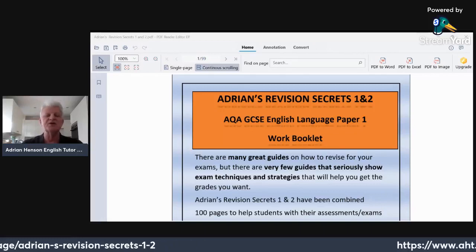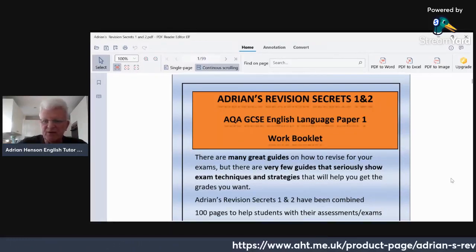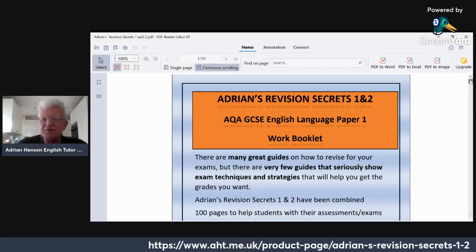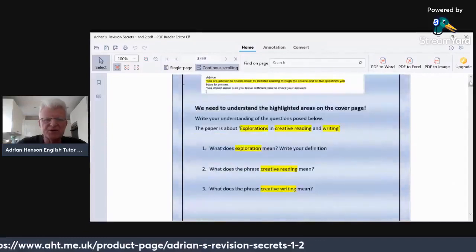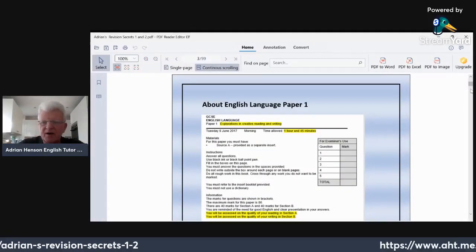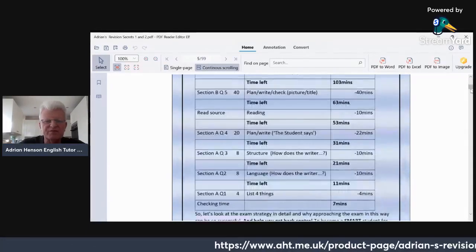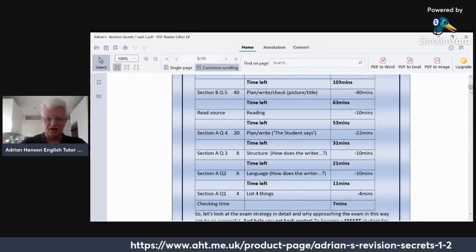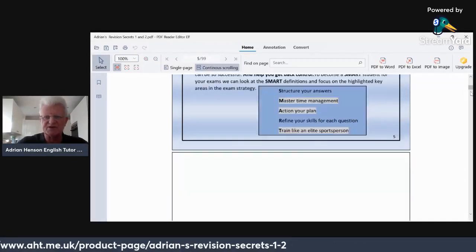So this is the booklet they need to go into, and if I just go on to it now, it's got a lot of detail. When you look at the start, it talks about the cover page of the exam paper, and then it talks about the reading, the methods. There's exam strategy that I encourage students to do to take control of time in the exam.